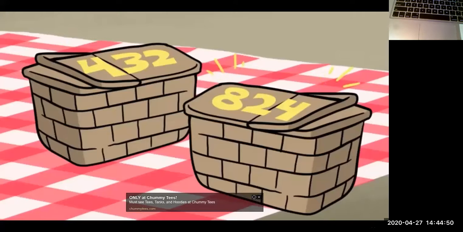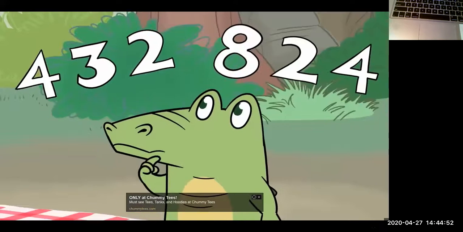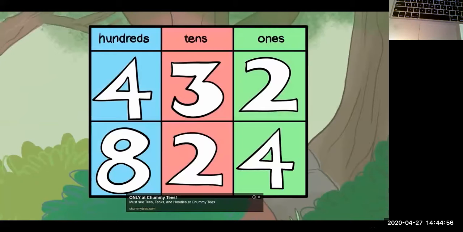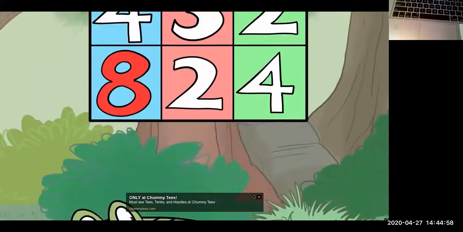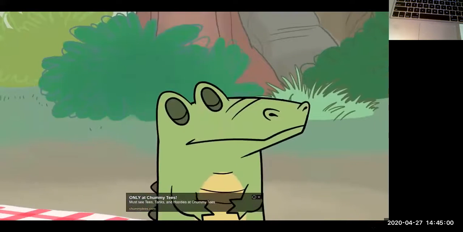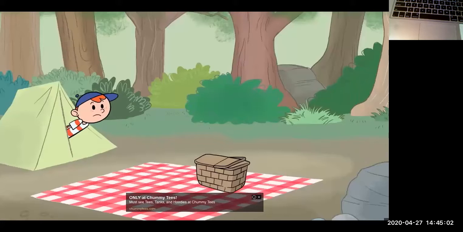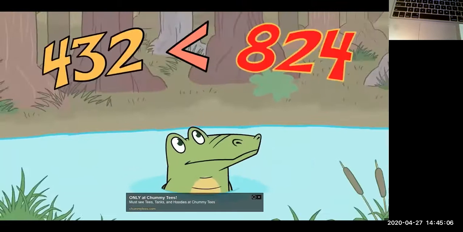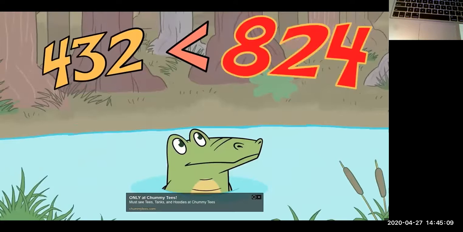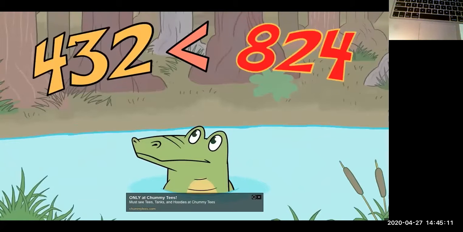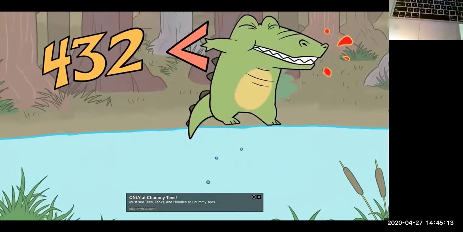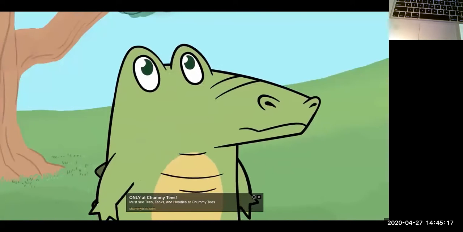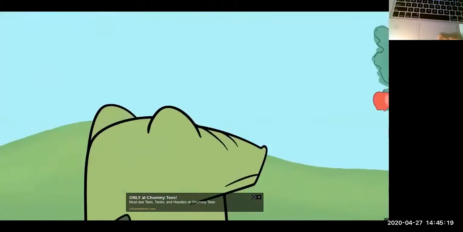And 824. The gator eats the one that's worth more. He looks at the place values from left to right. It's the greatest hundreds place, so he takes a big bite. It's the number that's greater. The number that's least is never part of his feast. 355 and 332.